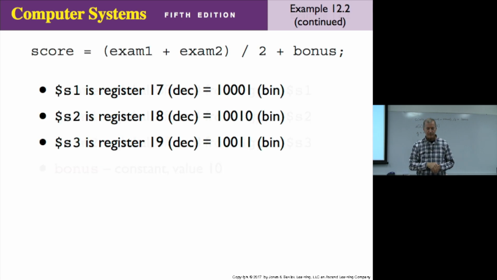All right? So now, in order to see what the object code is in binary, we need to convert $S1, $S2, and $S3 to binary, the register addresses.